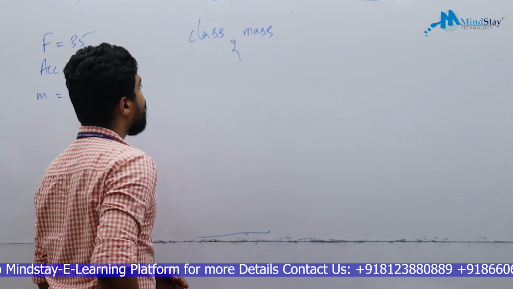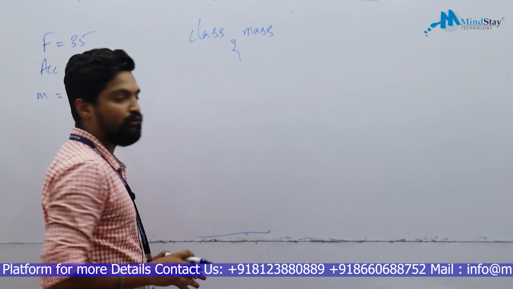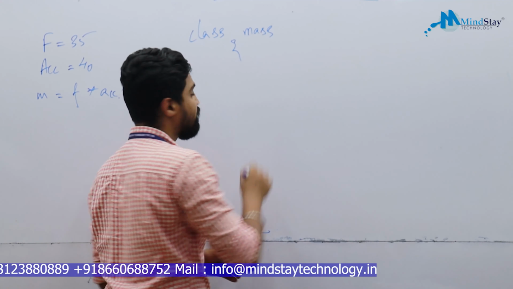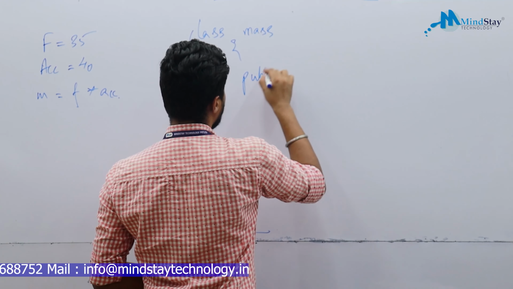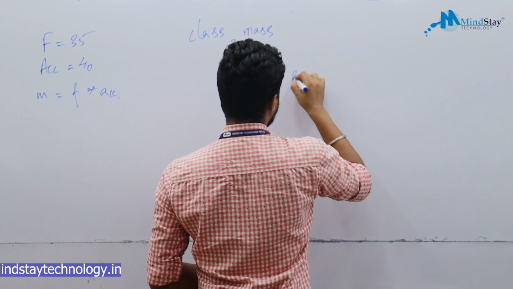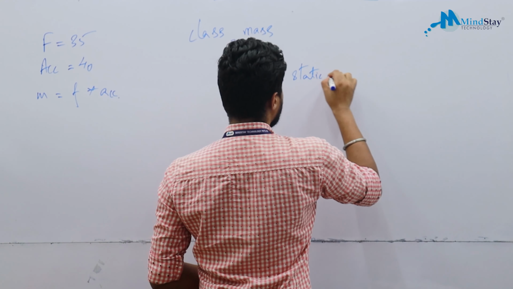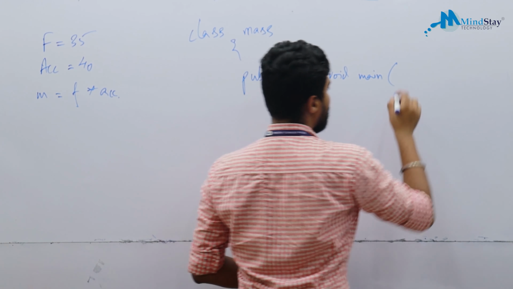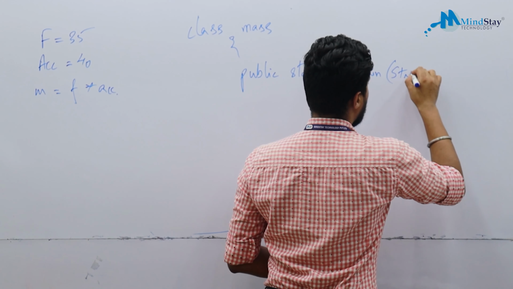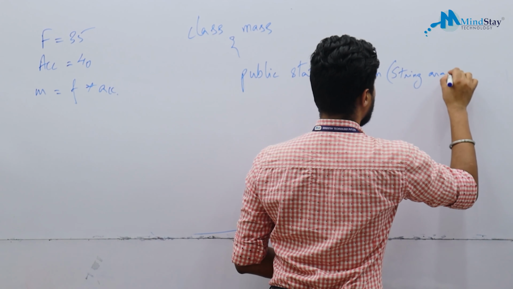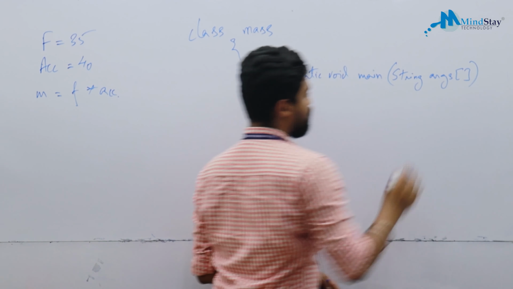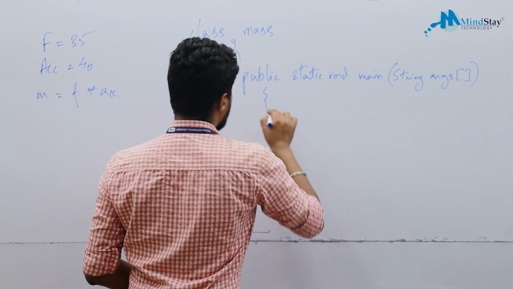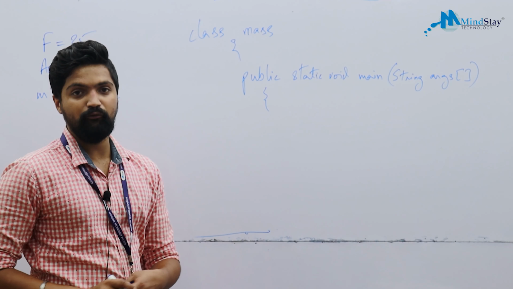After naming the class, I'm creating a separator for my class, and then I write the main function, that is public static void main, and inside the brackets I have the String array type argument.